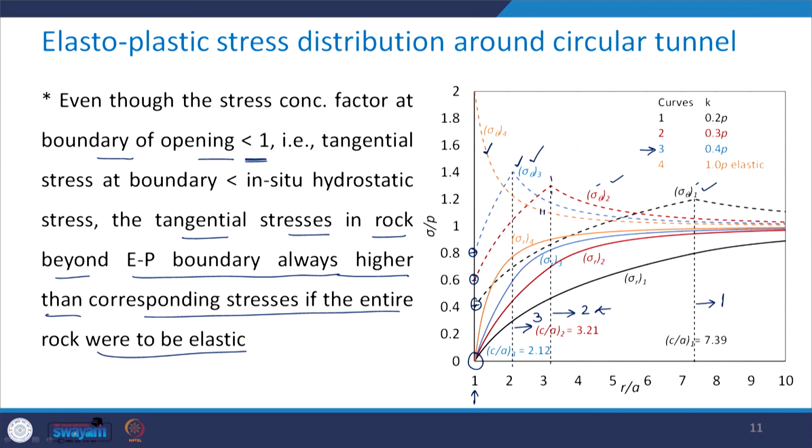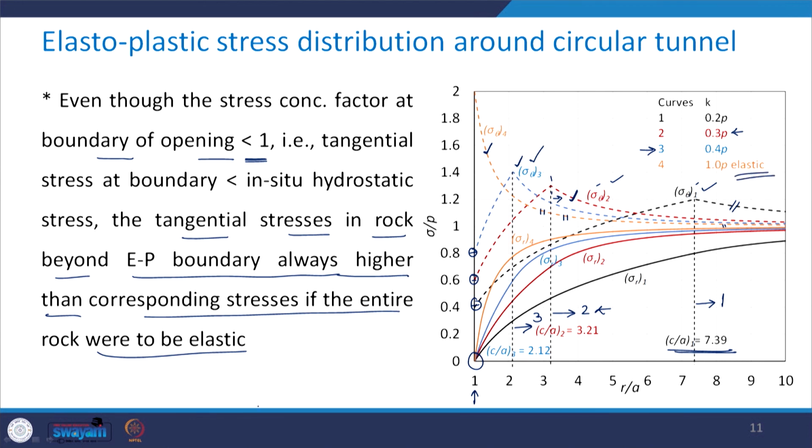This is the elastoplastic boundary, and beyond this again the red curve is above the orange curve, corresponding to the situation that at any location the stress concentration factor for the second case will be larger than the elastic situation. The same situation is there in the first case, where you have the yield shear stress as 20% of the in situ stress. Take a look here, this black dotted line is above this orange line, which corresponds to the elastic case.